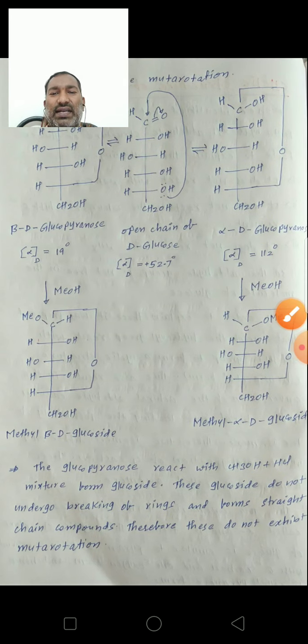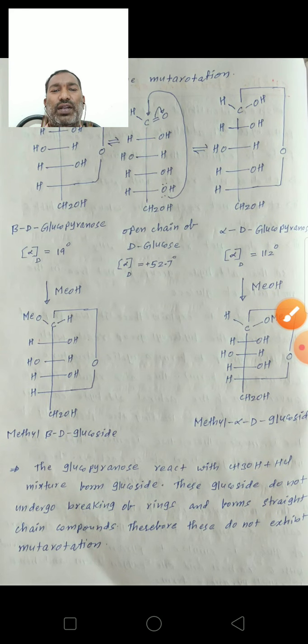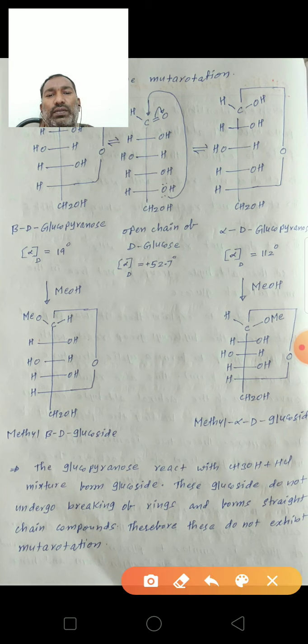And the second one, methyl alpha D glucoside and methyl beta D glucoside. See here, in the cyclic form, this OMe is on the right side of the first carbon. In methyl beta D glucoside, OMe is on the left side of the first carbon.